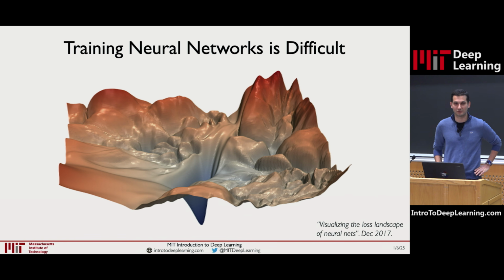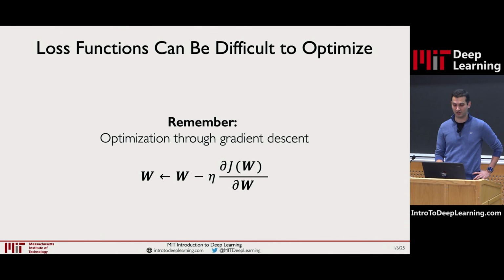Neural networks are extremely high dimensional search spaces, so we don't actually know what this picture looks like, but this is a projection of the loss landscape of a deep neural network from a paper that came out several years ago, in about 2017. And you can actually visualize now how messy some of these loss landscapes look, so applying these types of backpropagation and optimization techniques is very, very challenging.